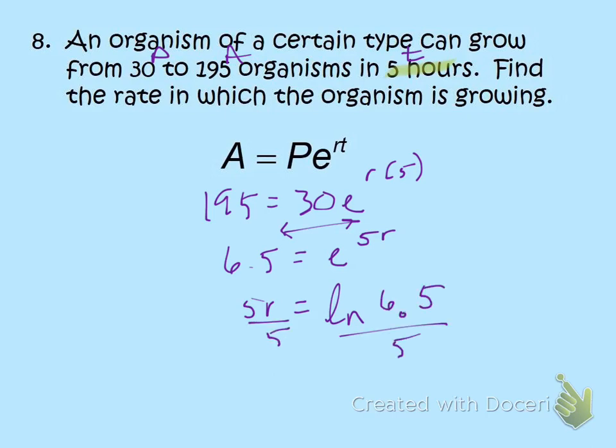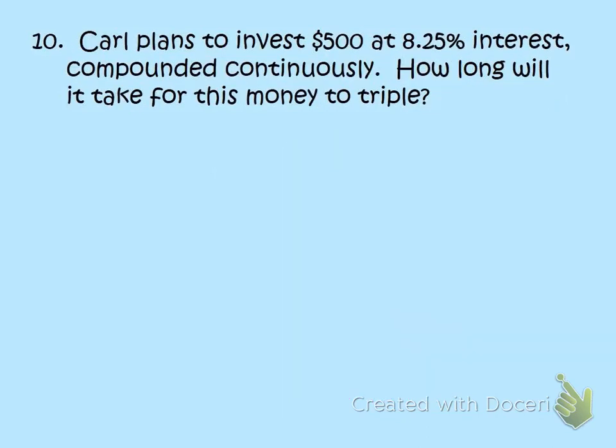So now we want to type in natural log of 6.5 and divide it by 5. And you get 0.374. Remember, we're looking for a rate. So that rate turns into 37.4%. So there you go.